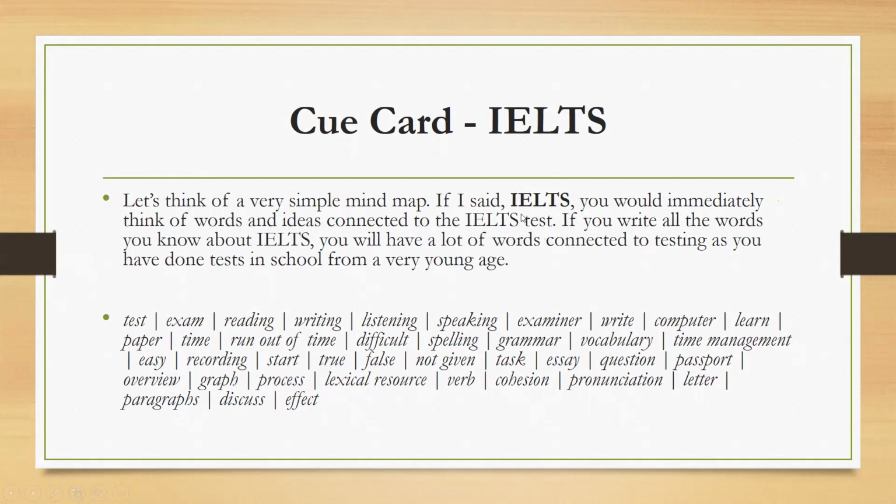So the central word here is the cue card or the central theme. And the connected words are all these. Once you put down this, when somebody asks you to give a talk on IELTS out of the blue, you put down these words in and around IELTS.